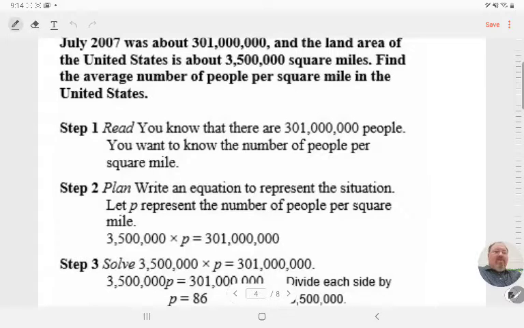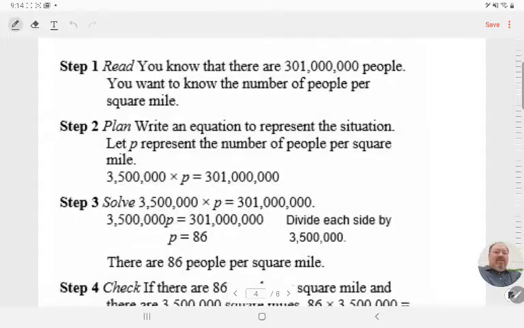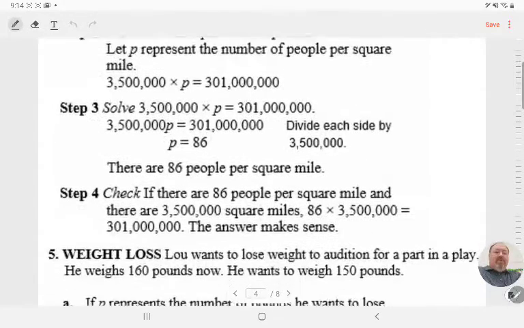I'm going to let P represent the number of people per square mile. So I could say 3,500,000 times P equals 301 million. Now I just need to solve that. So I would divide both sides by 3,500,000, and that's going to give me P equals 86, or 86 people per square mile.